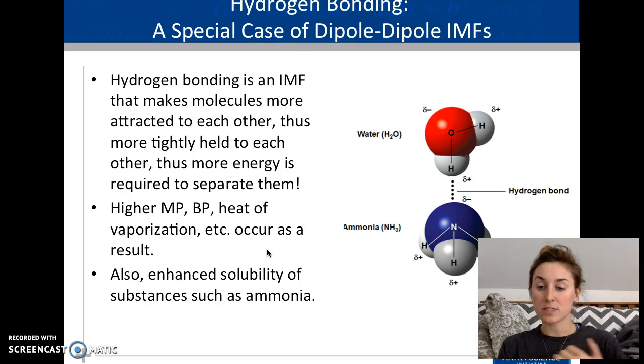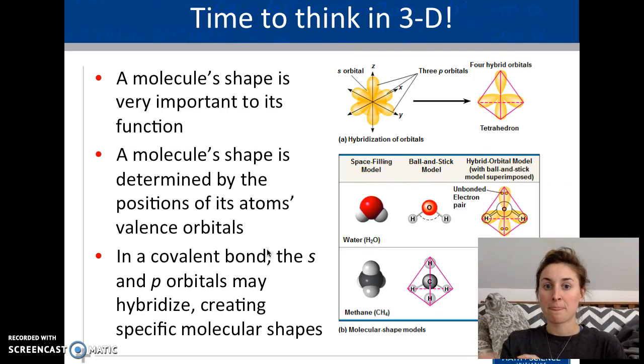Also, because of hydrogen bonds, those intermolecular forces, we have higher melting points and higher boiling points, which is why water can retain heat so well. Surface tension, right? The ability to move upwards in a plant is due to hydrogen bonds as well. All of these things are because of those dipole situations.